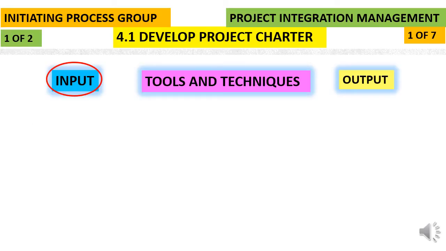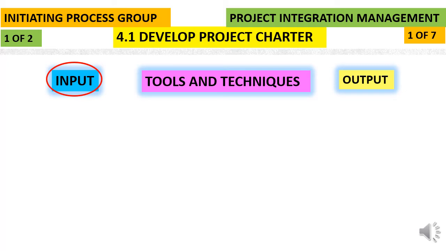When we see this process, as we have said earlier, each process in the project management practice has three elements. One is input, the second one is tools and techniques, and the third one is output. So this slide gives a bird's eye view of the input, output, and the tools and techniques.